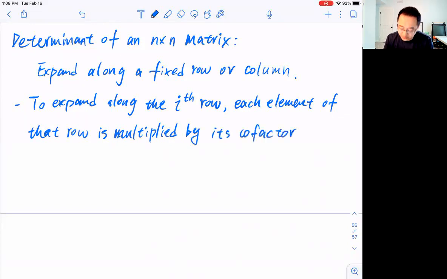Now you know cofactors are used to calculate determinants, and minors are used to calculate cofactors. That's why we had to introduce those ideas.